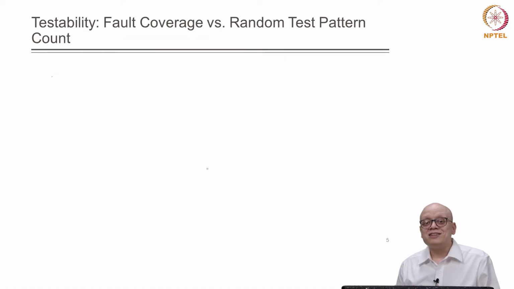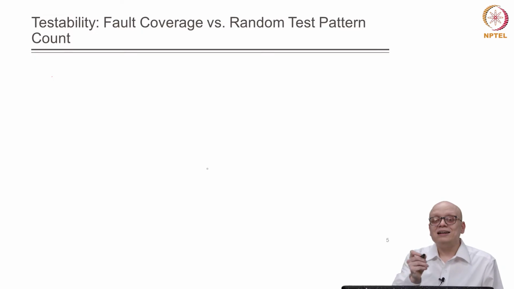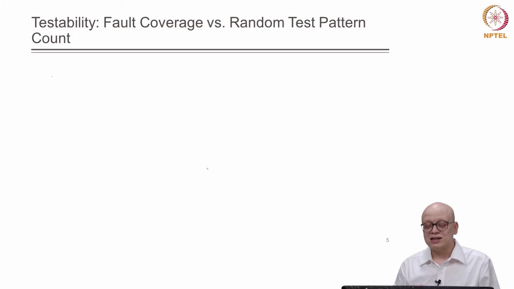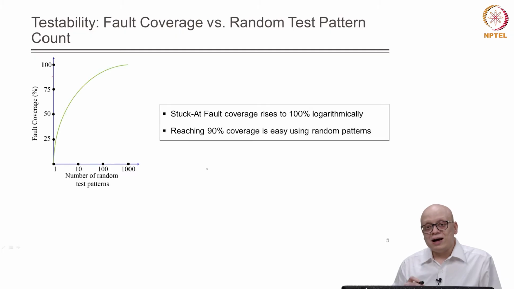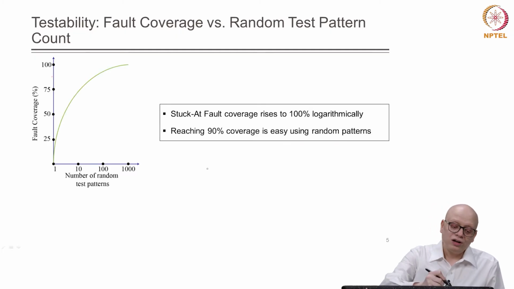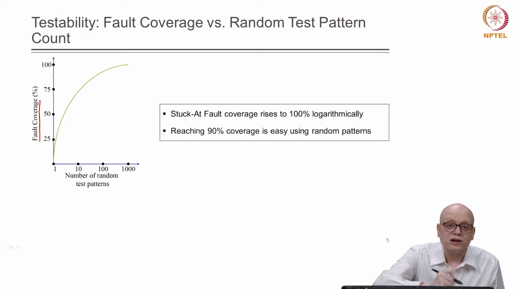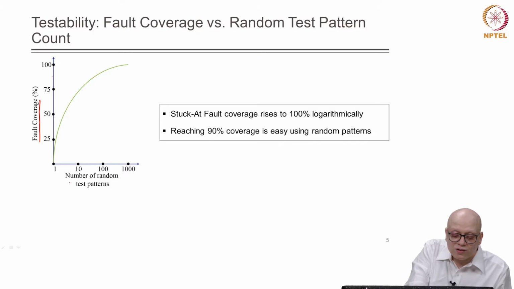Now, in BIST-based testing, as we have said, it uses a random pattern generator, or the test patterns are random, right. Now, an obvious question is how good are random test patterns in detecting our faults, say stuck-at faults, right. To assess that, we can plot the fault coverage of stuck-at faults versus the number of random test patterns.